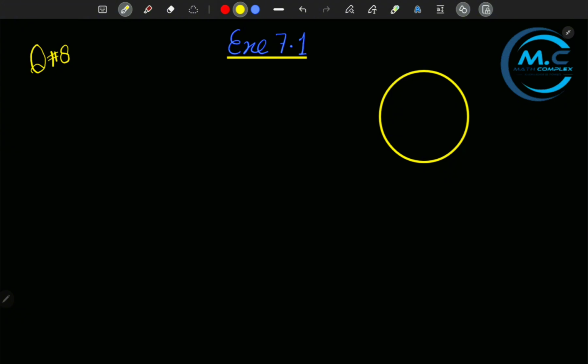This is our required circle and this is the diameter of the circle. This is endpoint A and the coordinates of the point A are -5, -2.